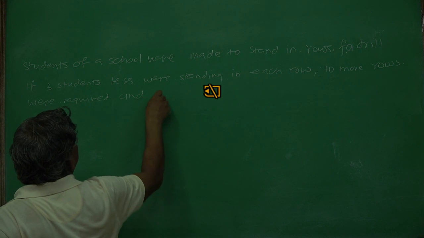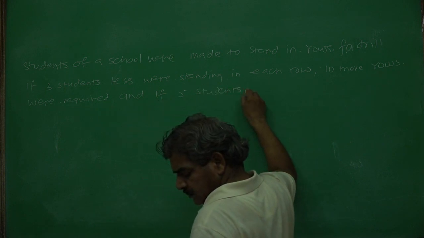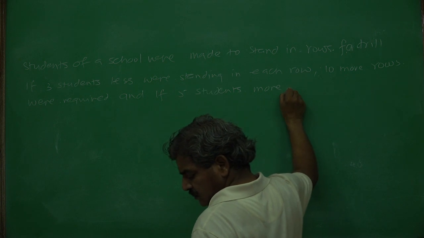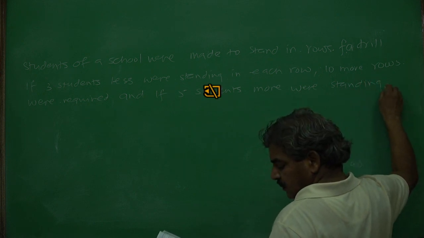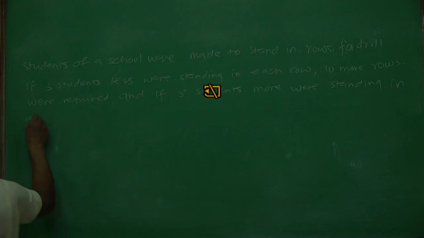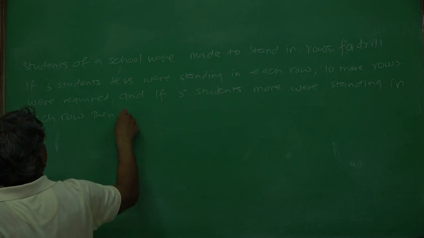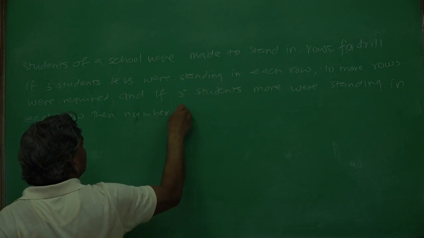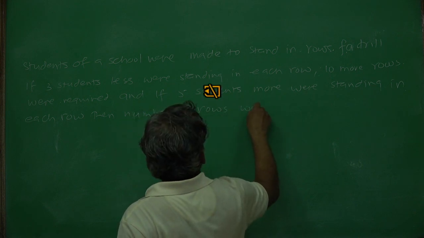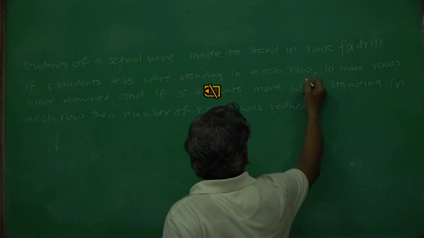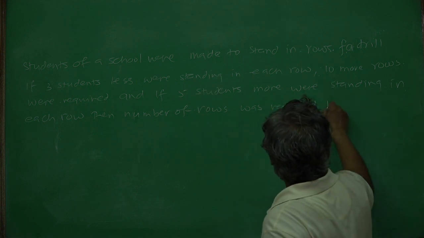And if five students more were standing in each row, then the number of rows was reduced by 10.